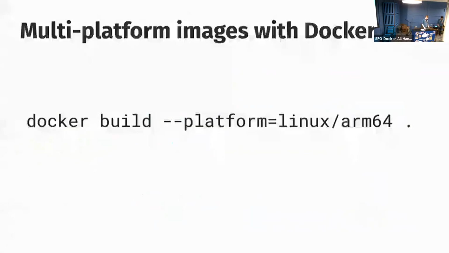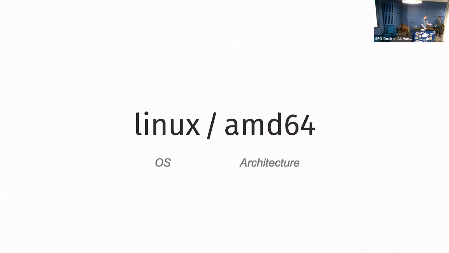So the way you work with multi-platform builds in Docker, or multi-platform images, is that when you're running this docker build that Tibor showed, there's a flag called --platform. So you specify the platform there, what you want the end result to be. And that's how build will do the right thing. And the format that it takes is defined by containerd. It's basically just an OS/architecture.